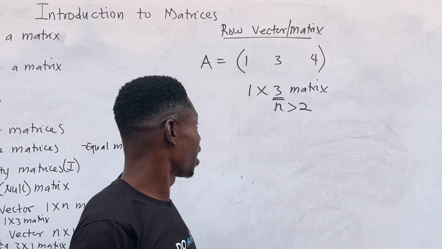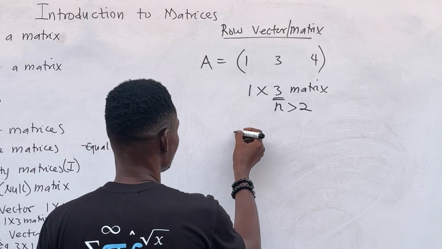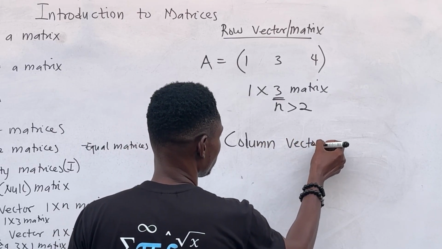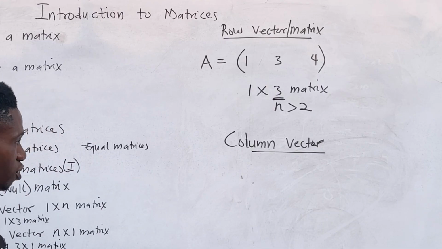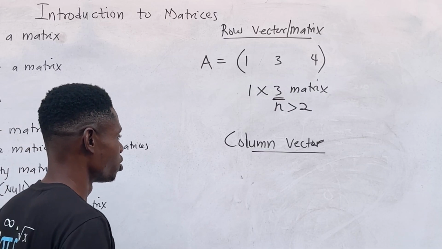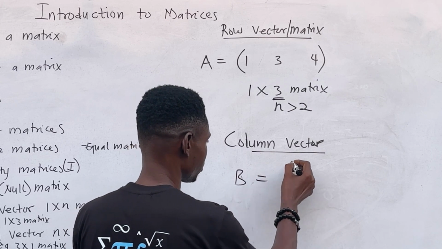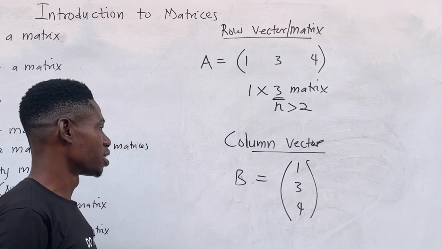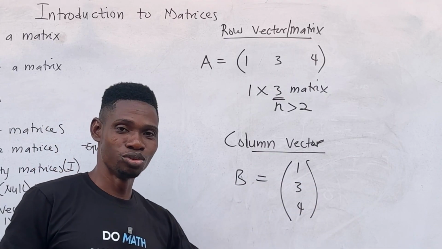Okay, the next one we'll look at is the column vector. Let's just be faster. I know you can already predict what it will look like: one column, and two or more rows. So if you have, let's say, B as this, now this is a column vector because it has one column and 2 or more rows.